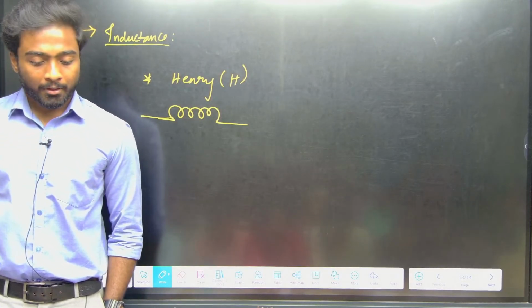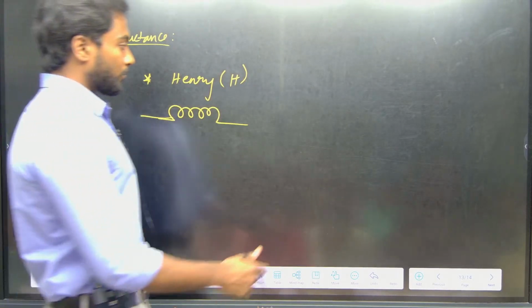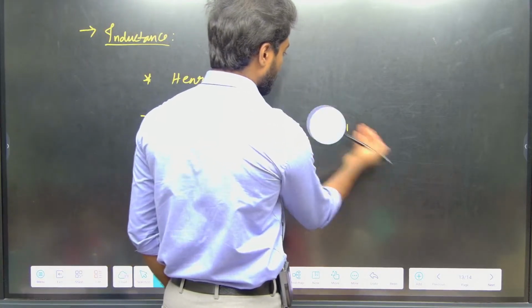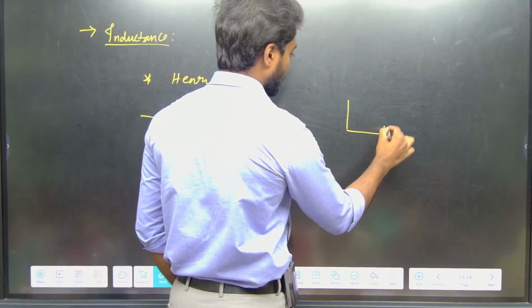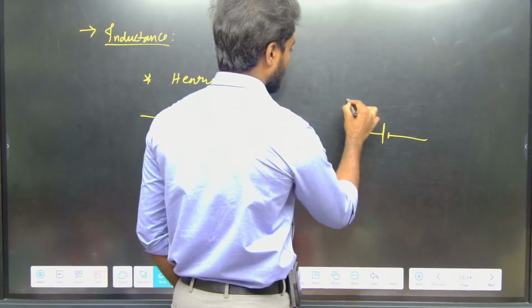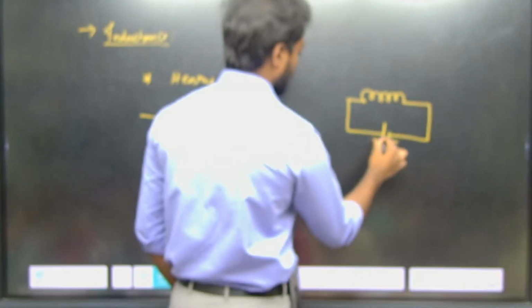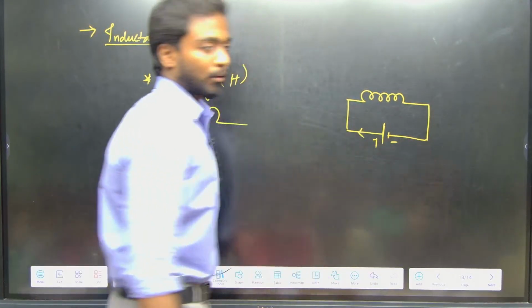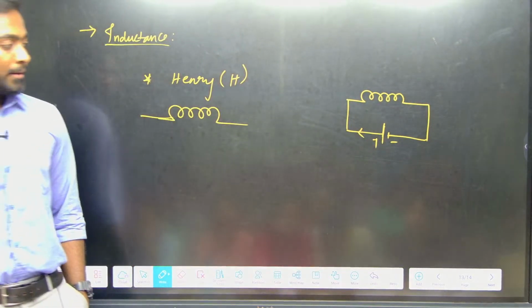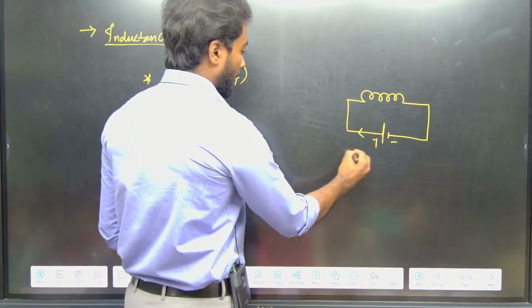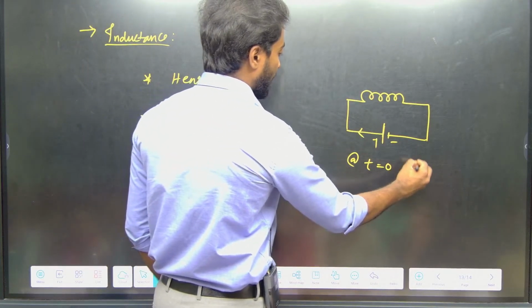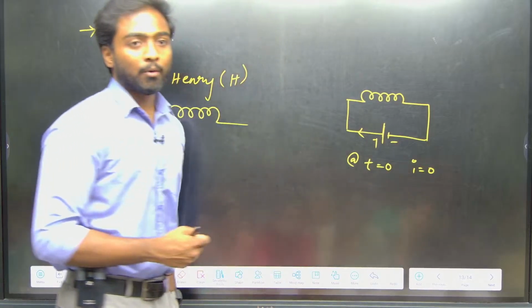Suppose I take a circuit. Initially, at time t equals 0, I will be equal to 0, right?